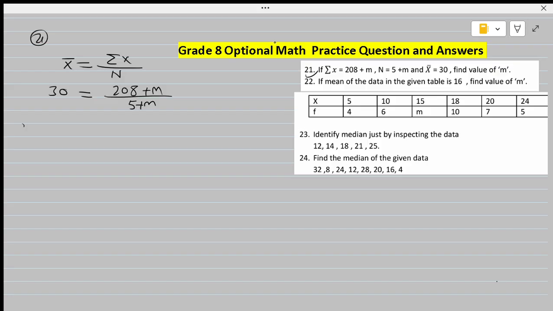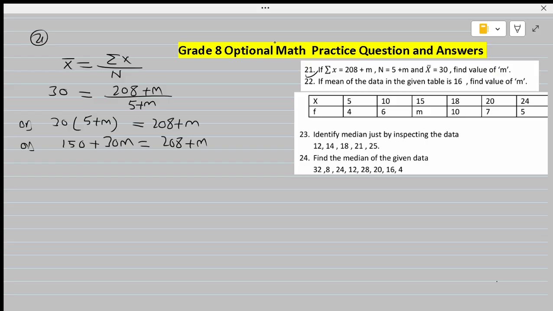Let's make a cross multiplication. By 30 we have to multiply 5 plus m, equal to 208 plus m. So 30 into 5 is 150, and 30 into m is 30m, equal to 208 plus m.